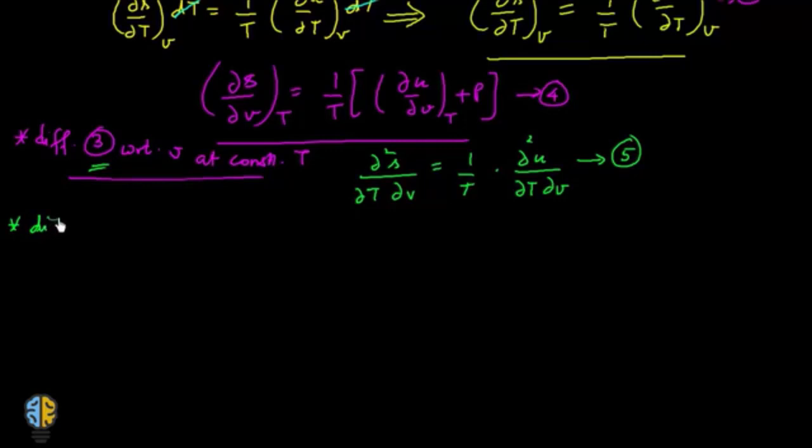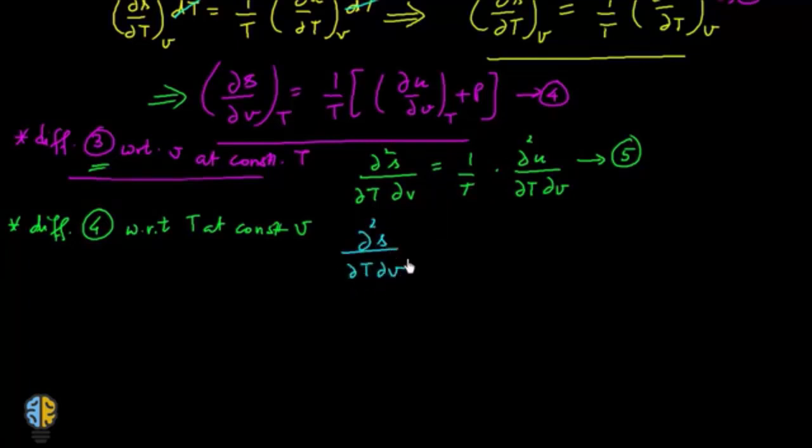So the equation becomes ∂²S/∂T∂V equal to, these are two functions, the first function being 1/T, which differentiates to minus 1/T², times the other function, which is (∂U/∂V) at constant temperature plus P, that is 1/T times (∂U/∂V) plus P/T.